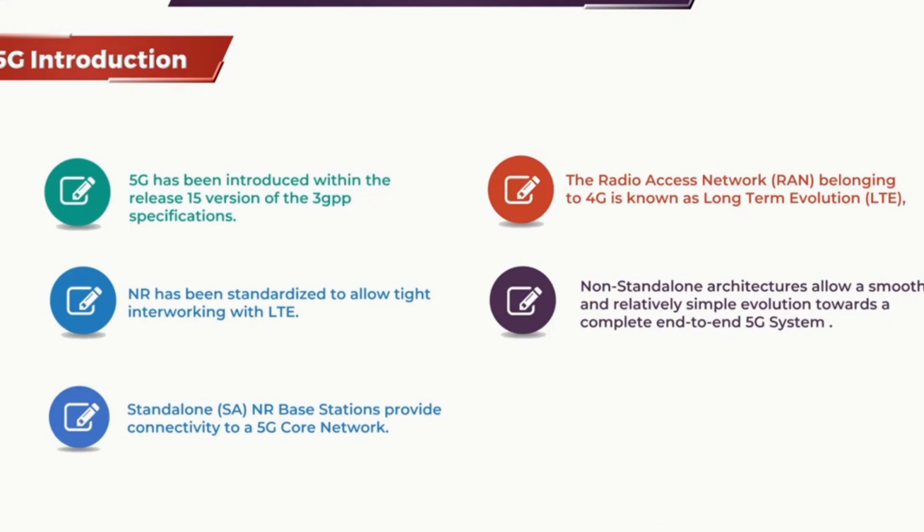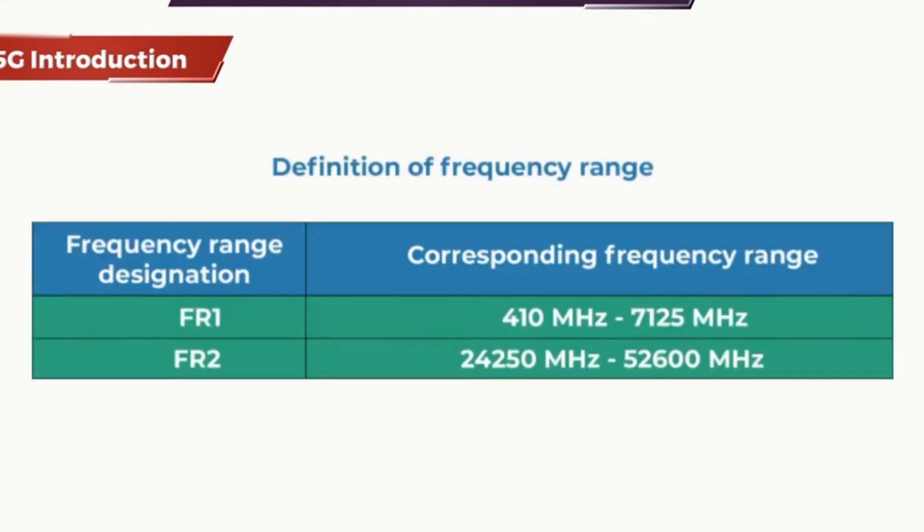Congestion within the lower operating bands combined with the requirement of wider channel bandwidths has led to the specification of both low and high operating bands for 5G. Release 15 has adopted the use of frequency range 1, that is 450 MHz to 6 GHz, and frequency range 2, that is 24.25 GHz to 52.60 GHz.